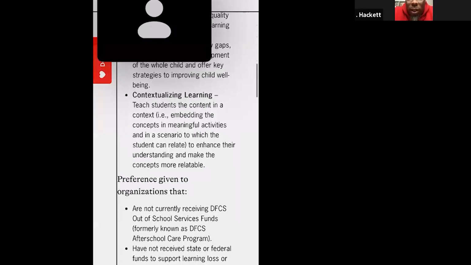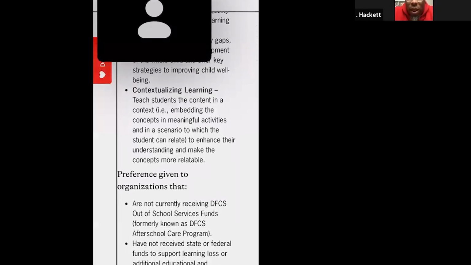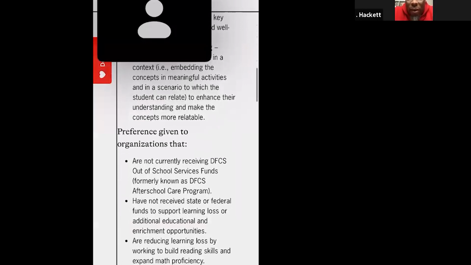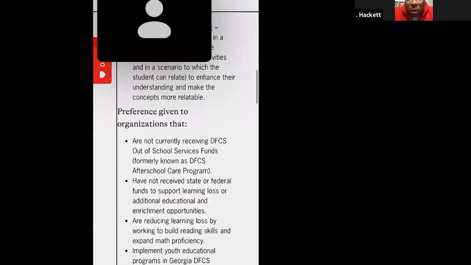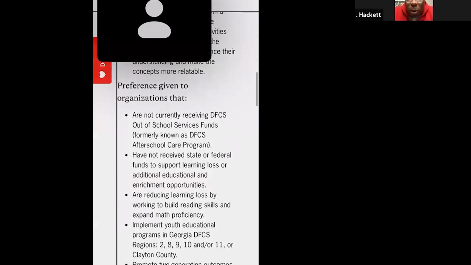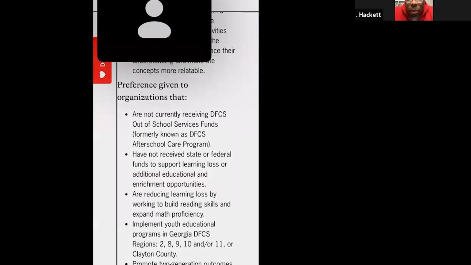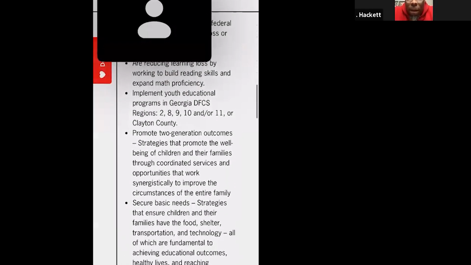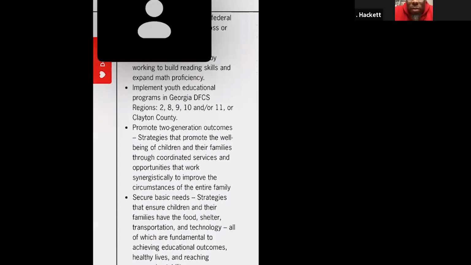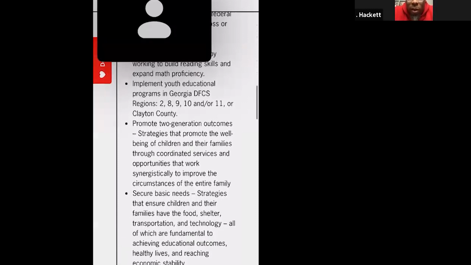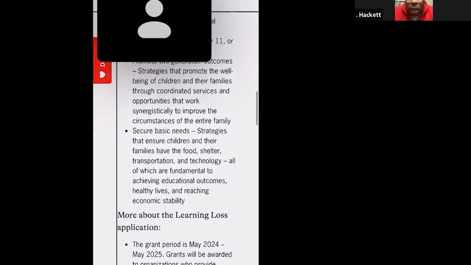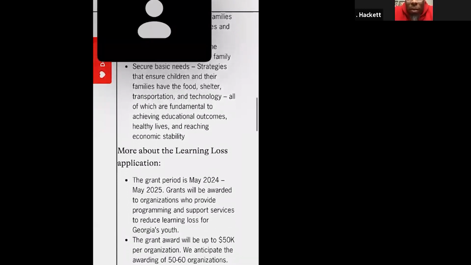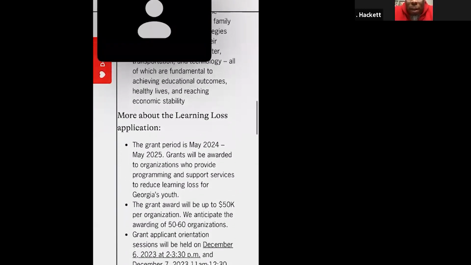Preference given to organizations that are not currently receiving DFACS funds, have not received state or federal funds, support learning loss, are reducing learning loss by working to build reading and math proficiency, and so on. All right. Promote 2-generation outcomes. That's very important. I'll explain to y'all what that means. And secure basic needs.